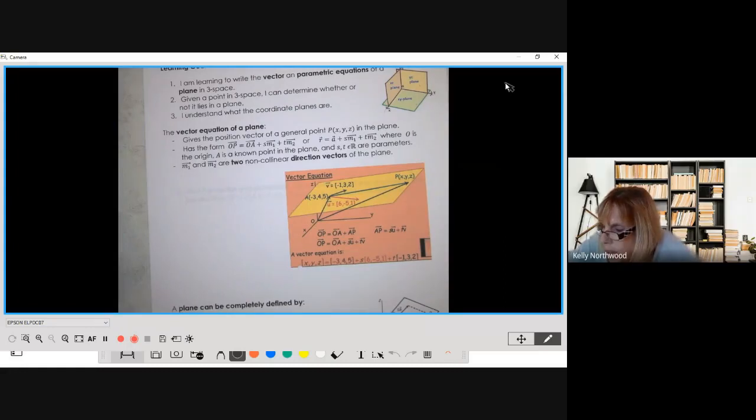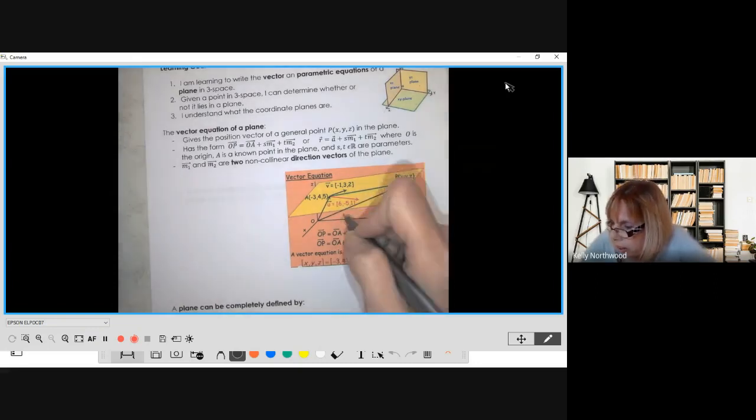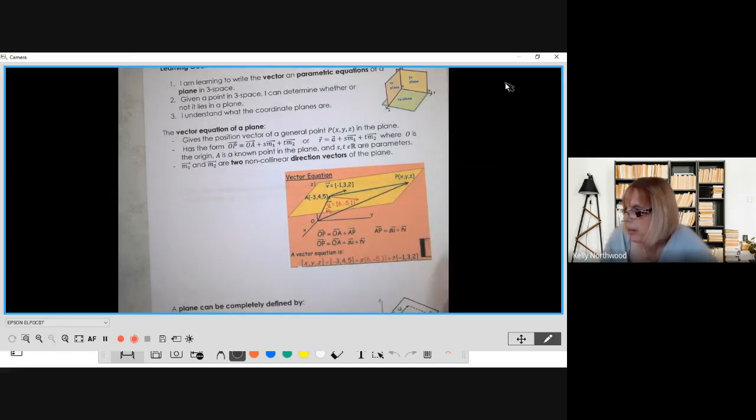Okay. What do you think vectors U and V, what would I call them? They were direction vectors of the plane. Okay, so instead of having vector U, I might call this vector M1. So that's my first direction vector of the plane.